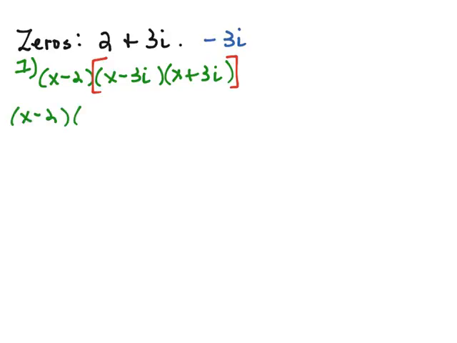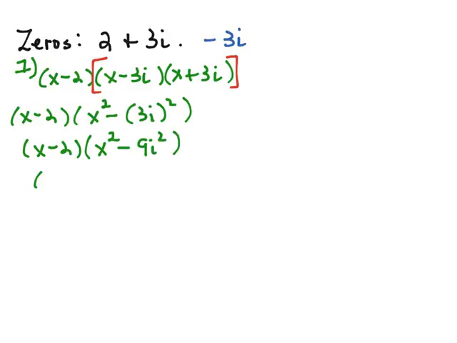x minus 3i times x plus 3i is the difference of squares. So when I multiply those together, I'm going to get the first term squared minus the second term squared. So I'm going to have x minus 2 times x squared minus 9i squared, which is x minus 2 times x squared minus, recall that i squared is equal to negative 1.